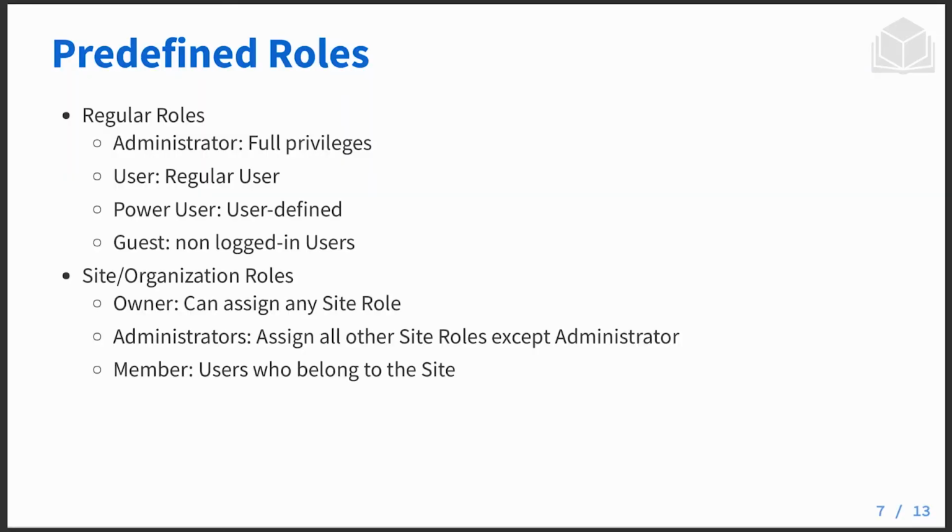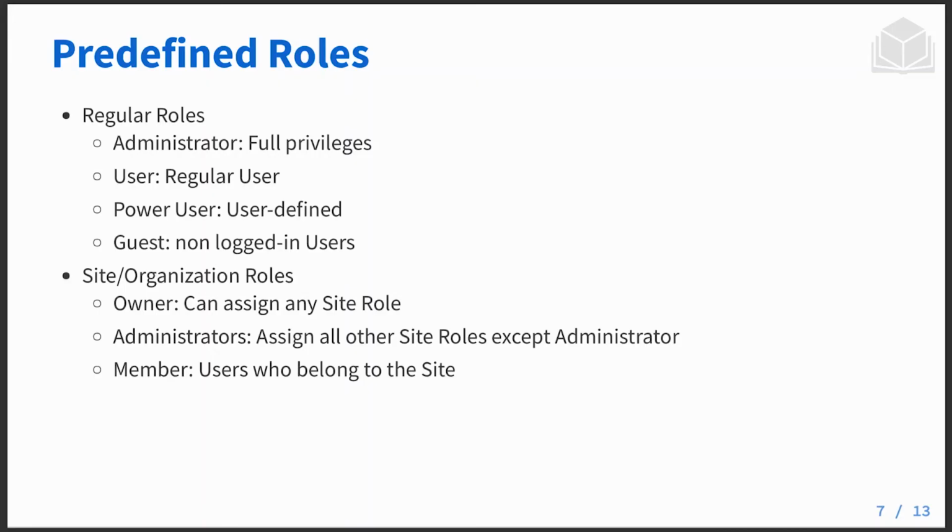All right. There's the power user role as well. This can be defined in what are called permissions menus, and you can find those on the different resources on the platform. And then there is the guest role. This is given to any non-registered person, I'll say, that comes to a site to view public pages. All right, this allows you the ability as an administrator, for example, to control what non-logged in users will see on any site on your platform, okay?